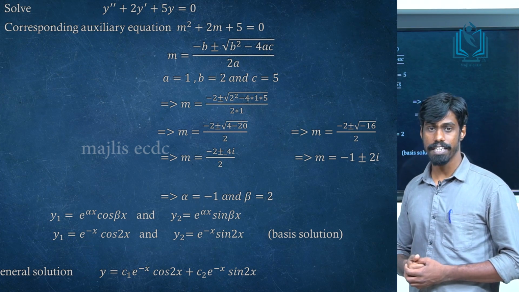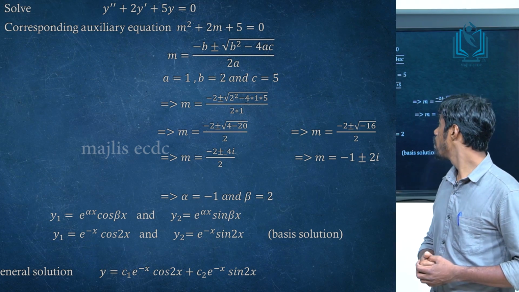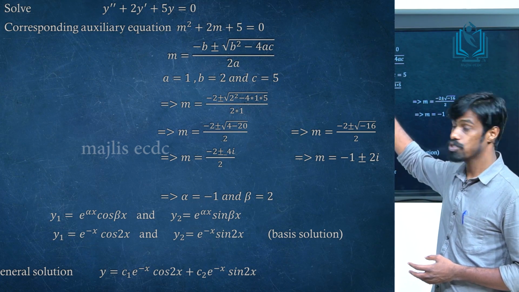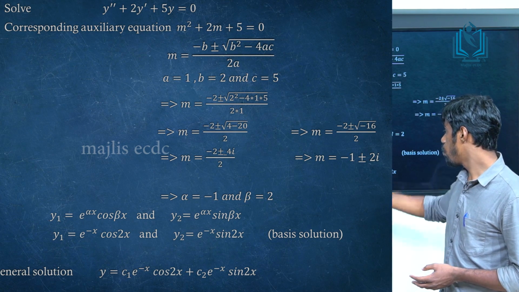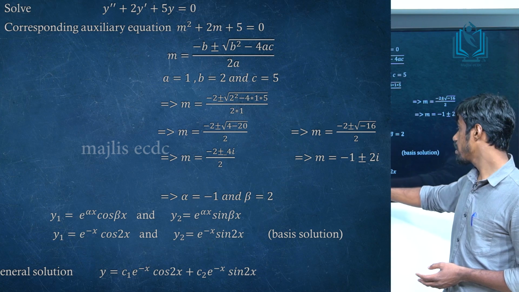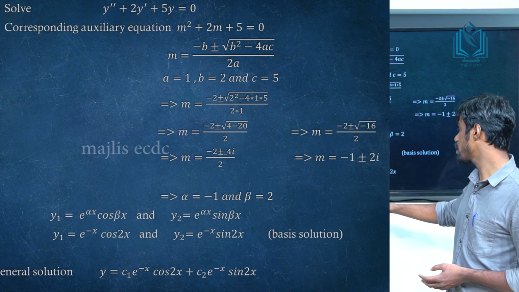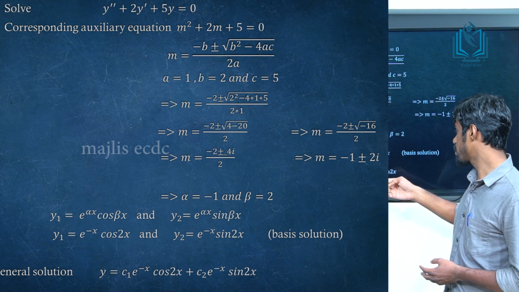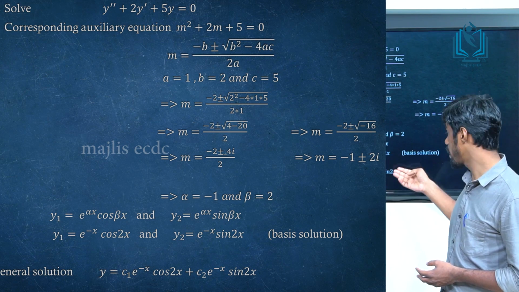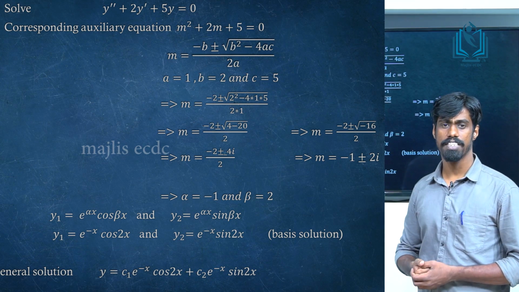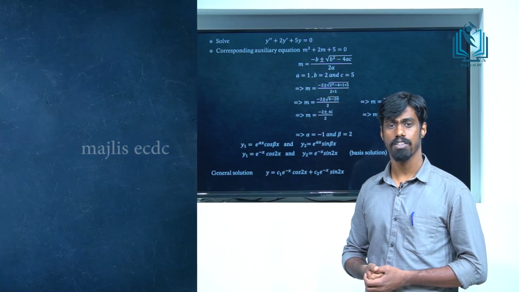The corresponding general solution of y double dash plus 2y dash plus 5y equal to 0 is y equal to c1 e raised to minus x into cos 2x plus c2 into e raised to minus x into sin 2x, where c1 and c2 are any arbitrary constants.